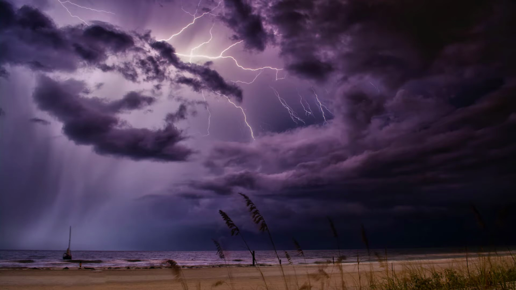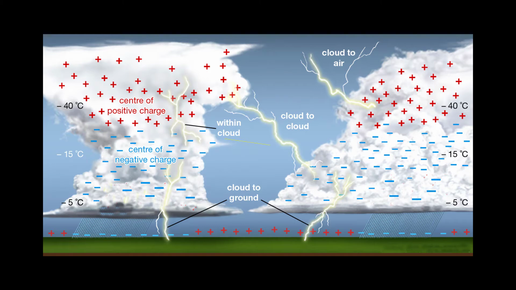After a while, the whole cloud is filled with electrical charges, with the positive charges forming at the top of the cloud and the negative charges at the base of the cloud. Since opposite sides attract, they cause positive charges to be formed above the ground just beneath the cloud.